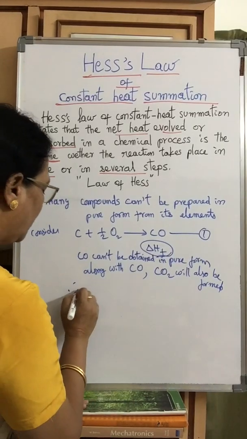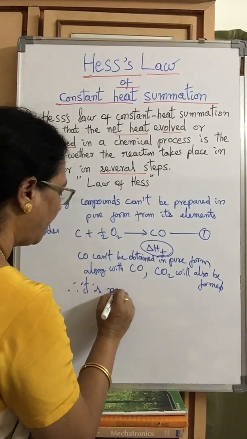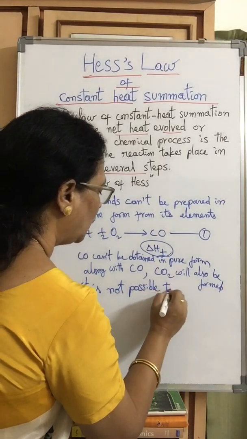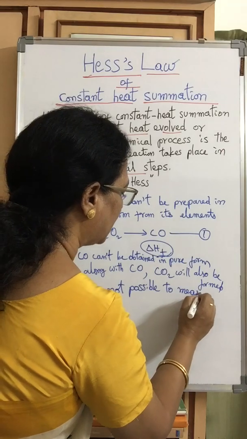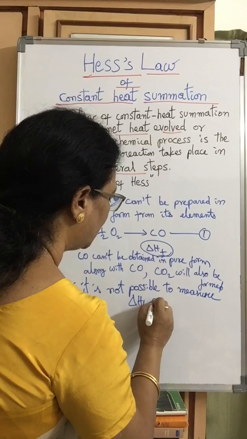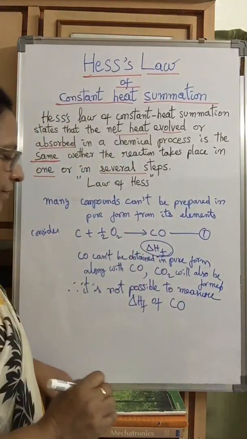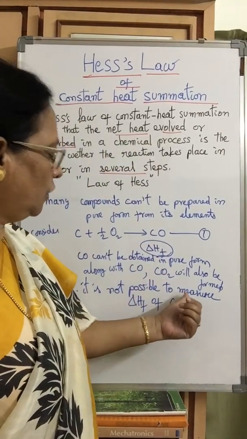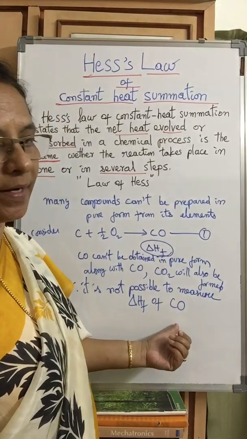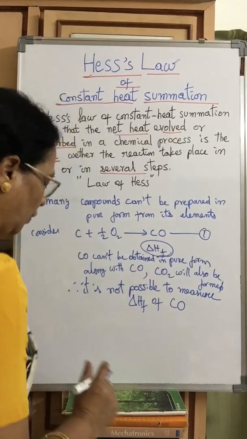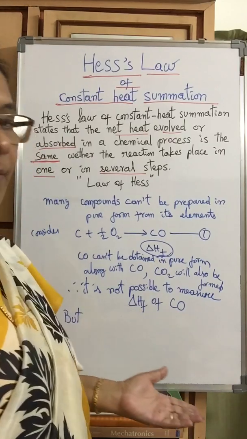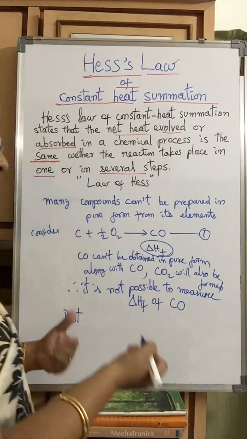So therefore it is not possible to measure delta HF of CO. It is not possible to measure delta HF of CO because CO cannot be prepared in a pure form.